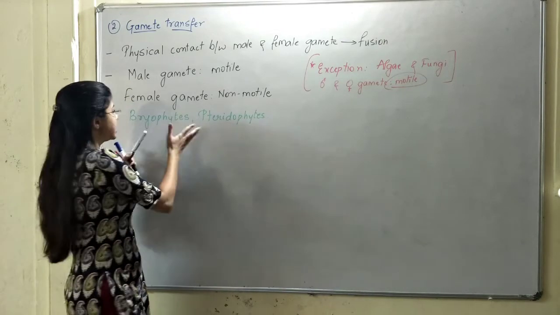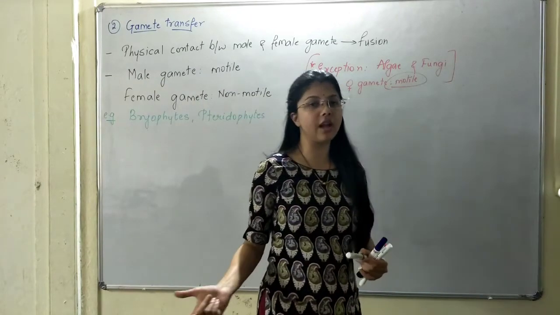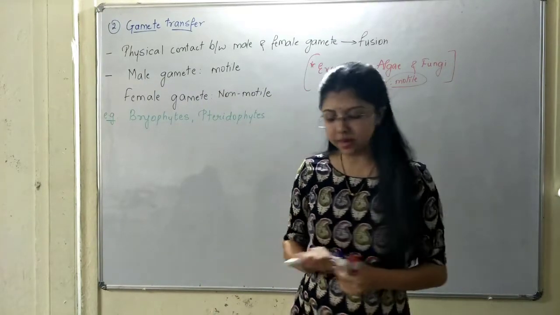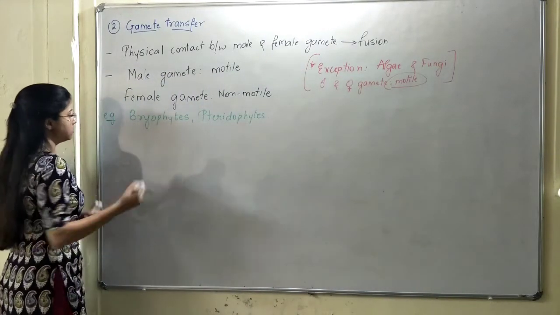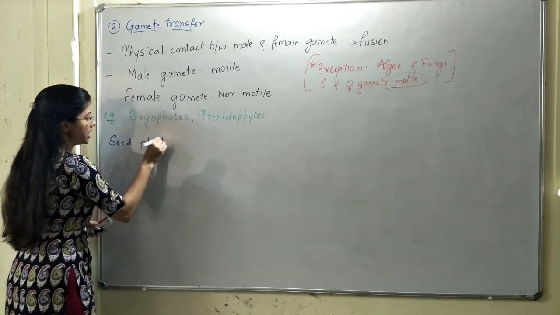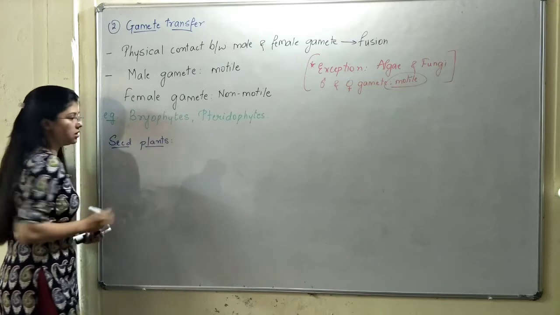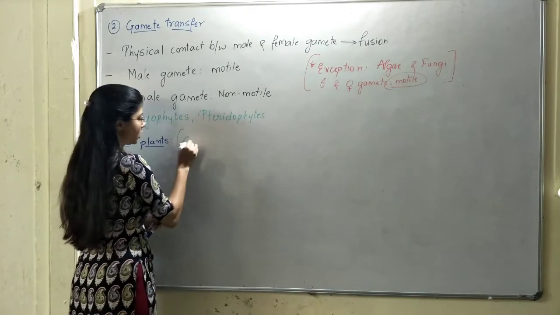Again, since I have written bryophytes and pteridophytes, that does not mean that gymnosperms and angiosperms will not have a motile male gamete. But these plants contain a special structure within them which is called the seed. So these plants will be called the seed plants.